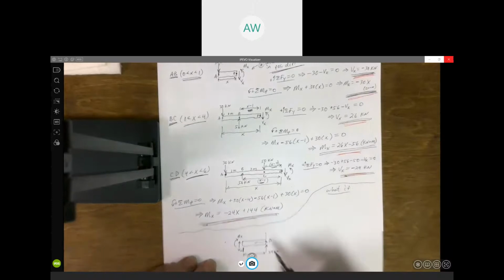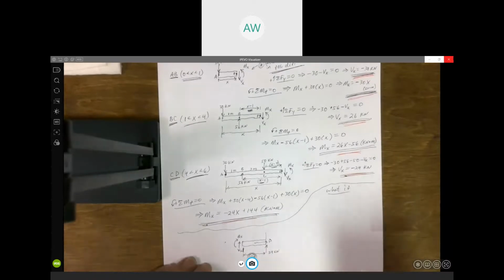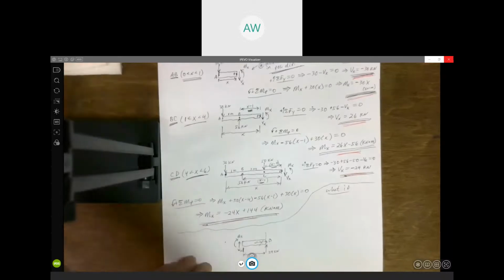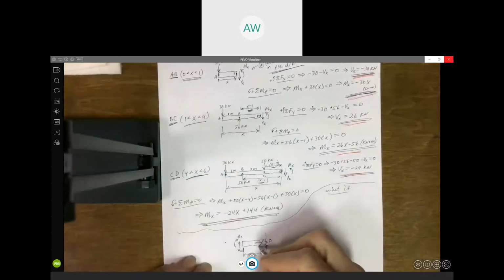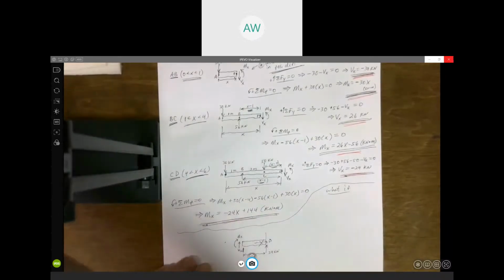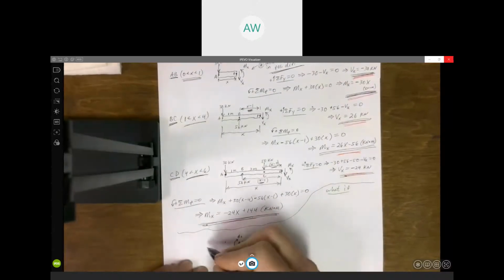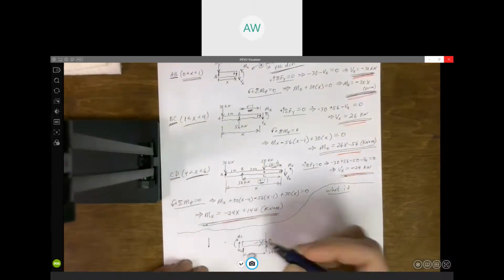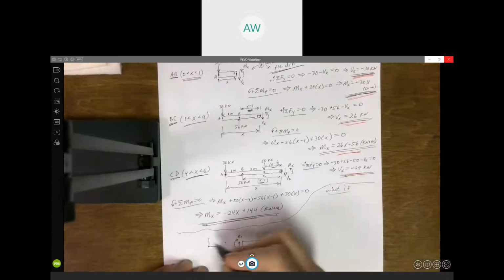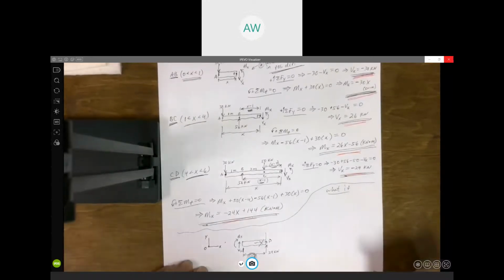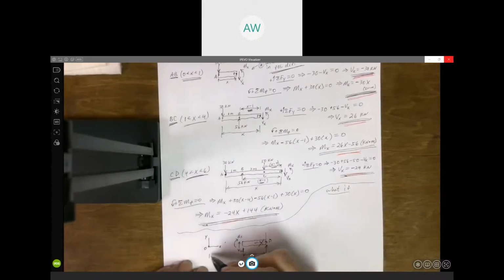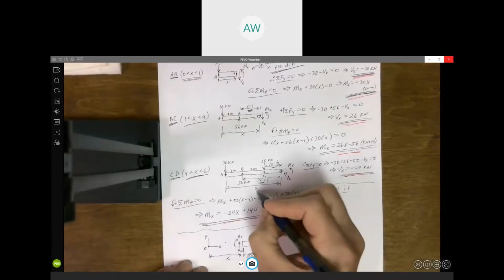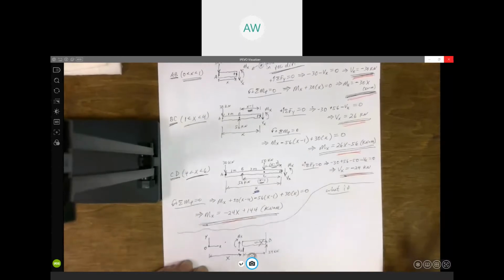So what you got to do, if you want to do it this way, you can't change coordinate systems, right? That doesn't work. So what you would have to do is stick with the same coordinate system, where our origin is way over here, this is the distance x, just like it was up there where you cut it.